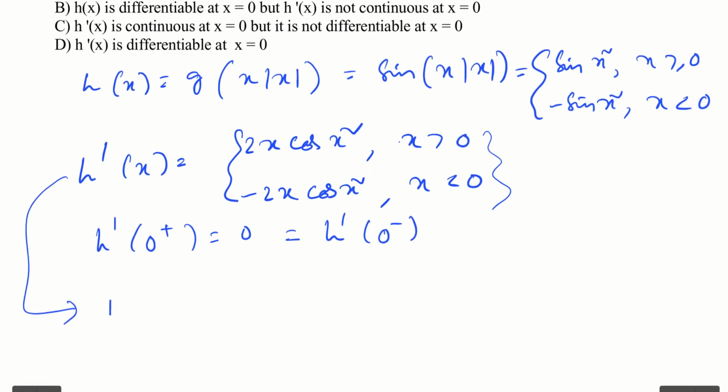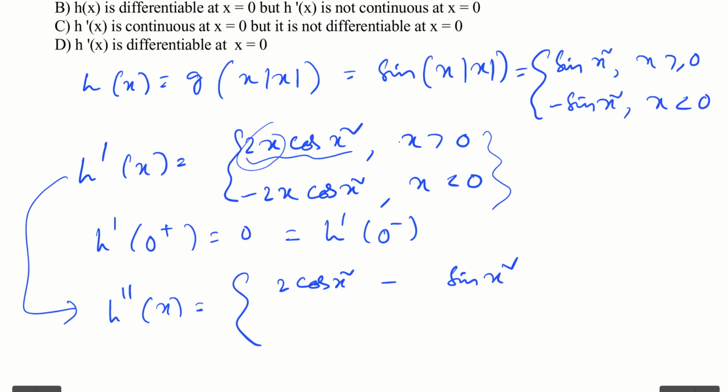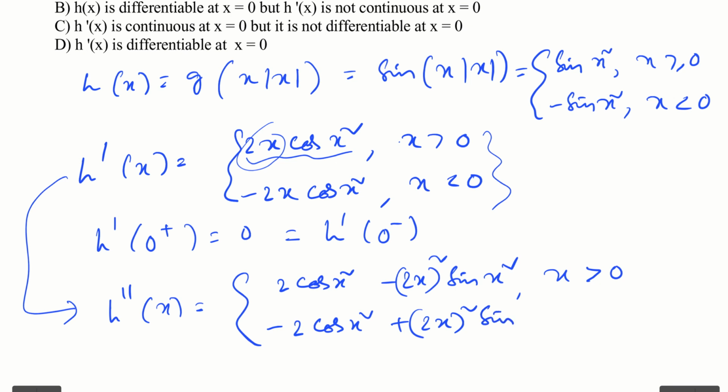I get h double dash of x is equal to, applying UV rule here, I have it as 2 cos x square and cos x derivative minus sin x square derivative 2x together with one more 2x, I'll get 2x whole square. This is for x greater than 0. And for x less than 0 I get minus 2 cos x square plus 2x whole square into sin x square.